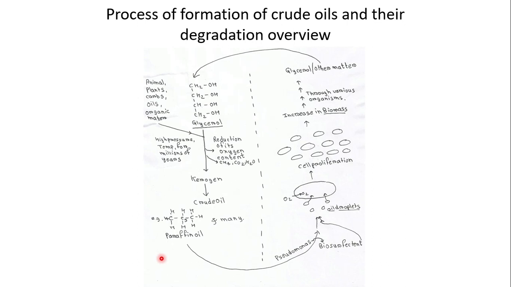Many organisms sense the presence of this oil, but those organisms which have the ability to utilize this paraffin oil as a source of carbon will come to the site of the paraffin oil spillage. Yes, this process takes a lot of time, like months.